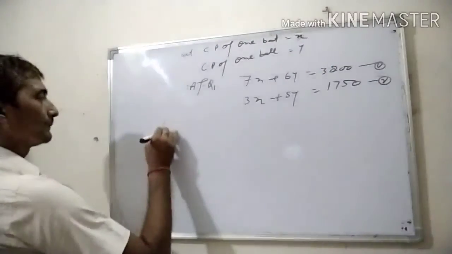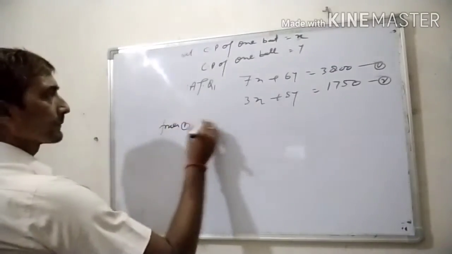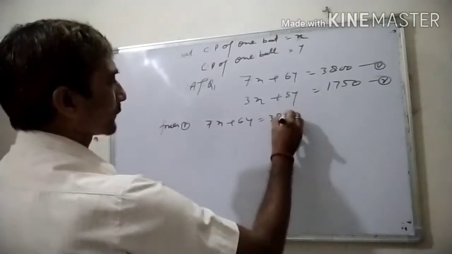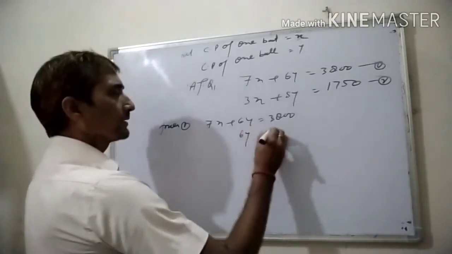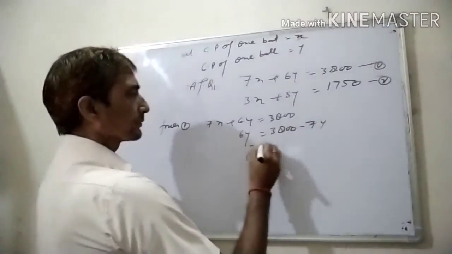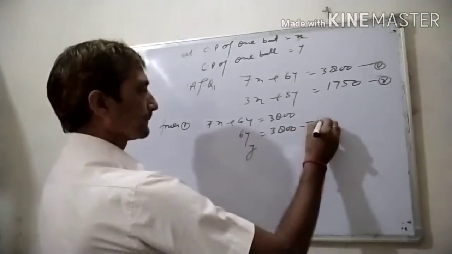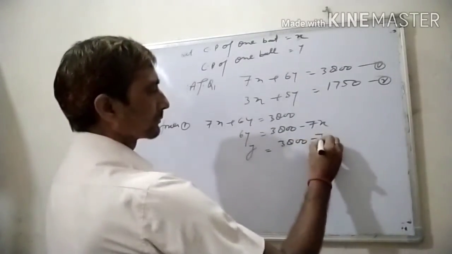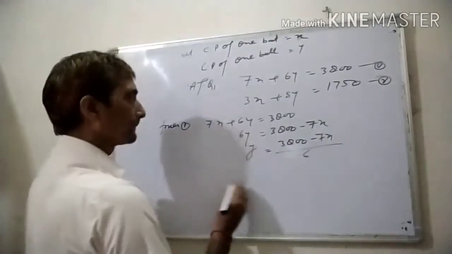From equation 1, 7x plus 6y equal to 3800. Now 6y is equal to 3800 minus 7x. Now y is equal to (3800 minus 7x) by 6.